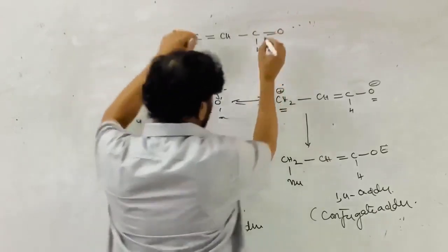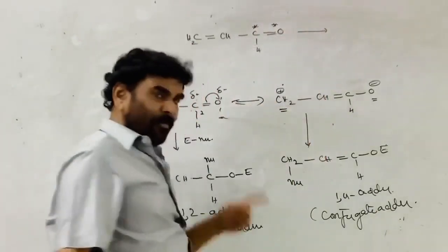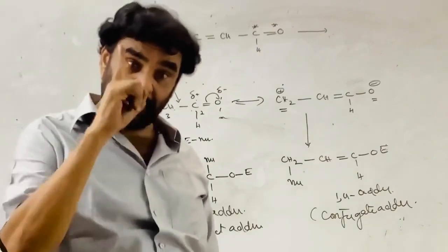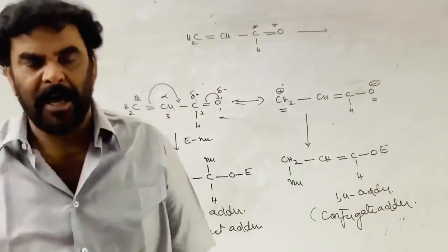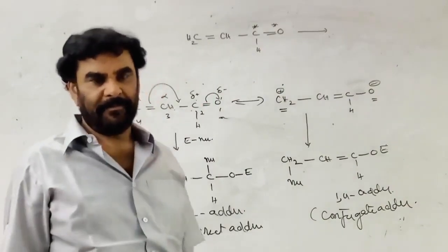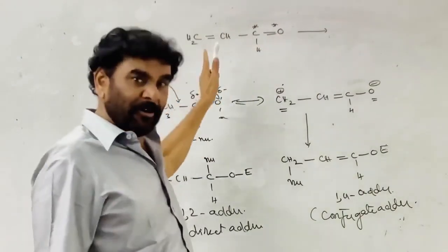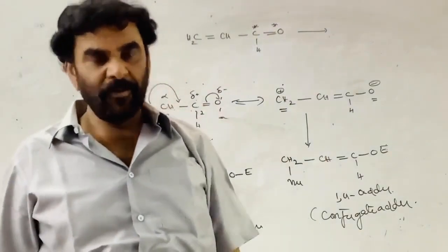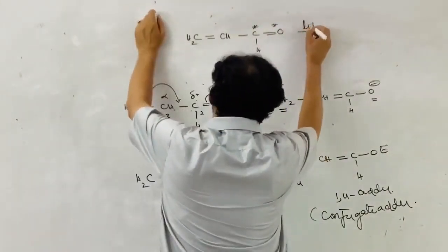If you treat the carbonyl group with a strong nucleophile, a nucleophile with a considerable amount of negative charge, 1,2 addition takes place. And if the nucleophile is a weak nucleophile, 1,4 addition takes place.